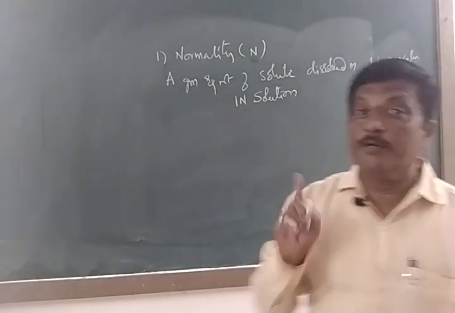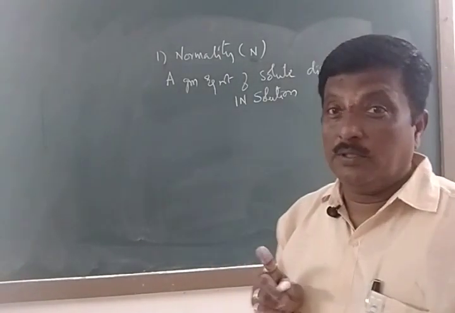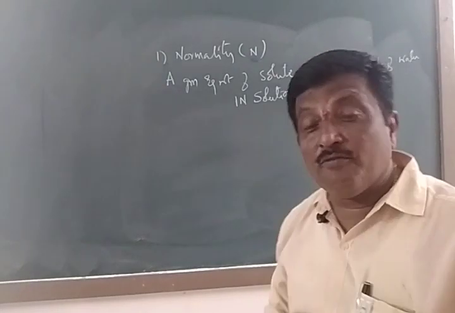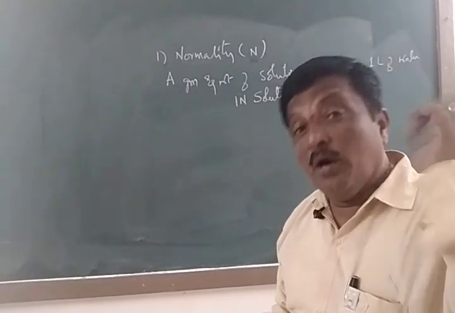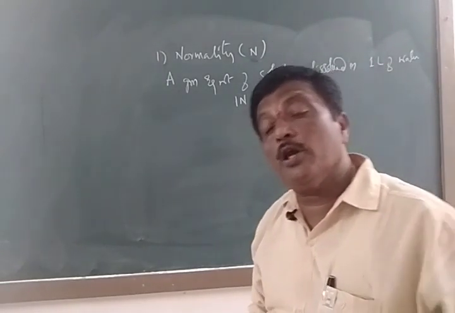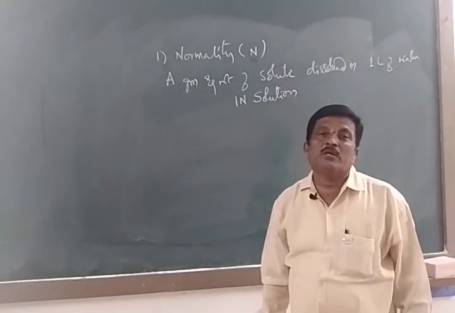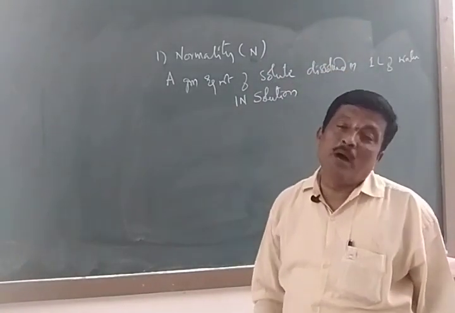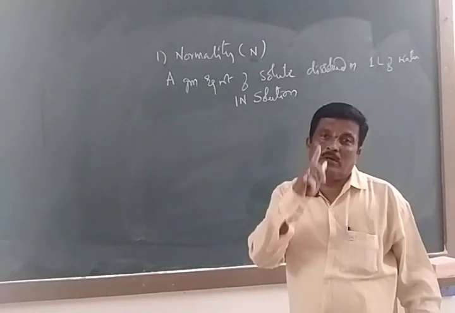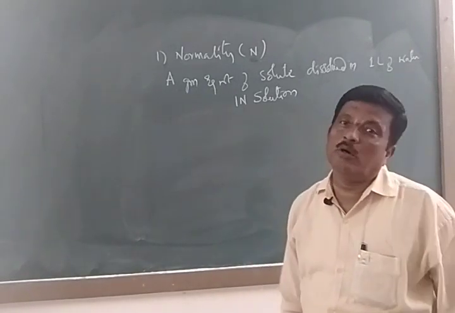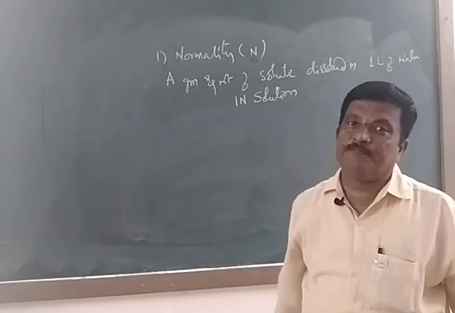A gram equivalent weight of a solute dissolved in 1 liter of water or solvent, or a gram equivalent weight of a solute present in 1 liter of a solution is called the normality of a solution or a normal solution or 1N solution.